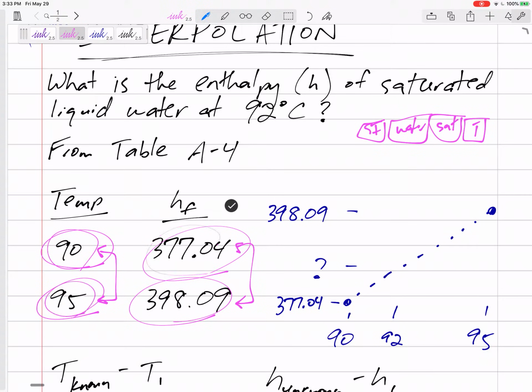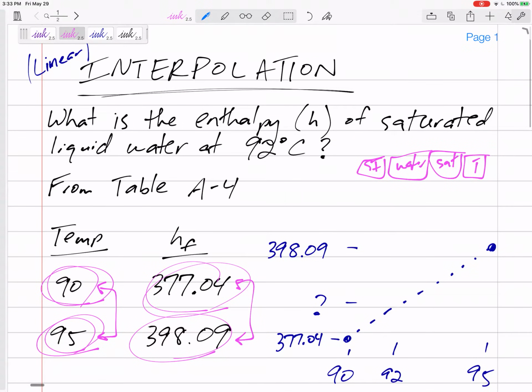It's going to be a little bit closer to 90. And so we can assume that there's a linear line between property values. It isn't always exactly linear, but it's a good assumption at these small increments that these are linear lines between the property values.